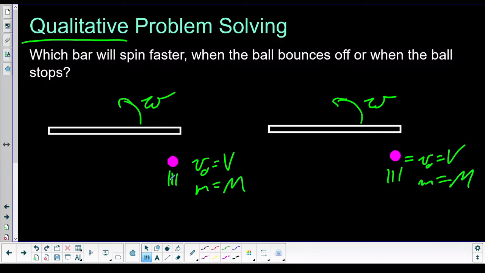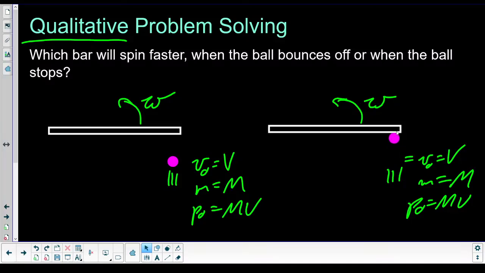Okay, so their initial momenta are just mv, and they are the same for both systems. Cool. This one comes in and stops. So it goes from mv to 0. So it has a change in momentum of negative mv.